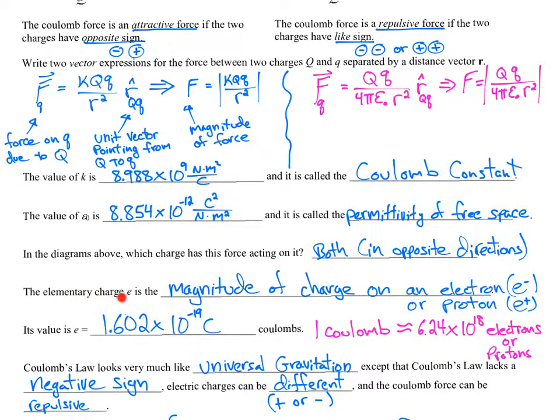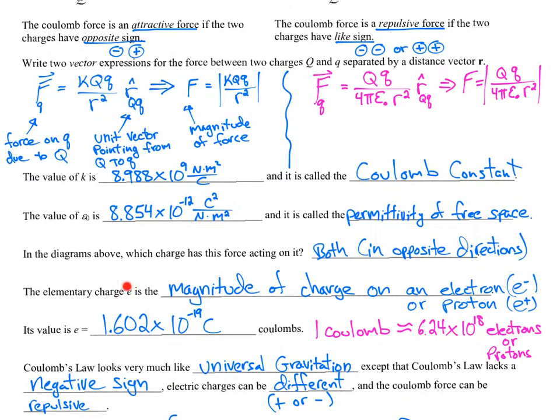The elementary charge e is the magnitude of the charge on an electron or a proton. An electron is symbolized by e with a superscript of minus. A proton has an e with a superscript plus. This e here is just a magnitude.